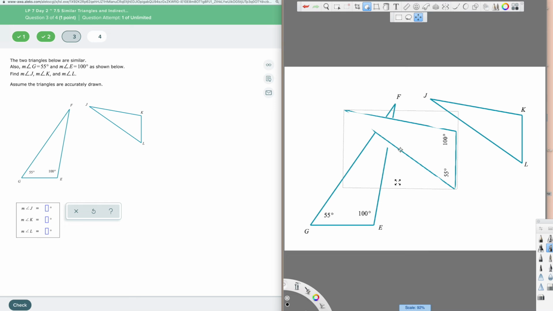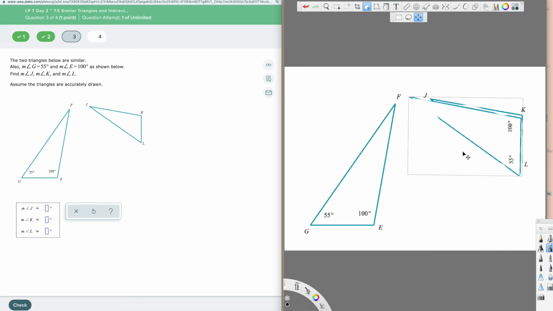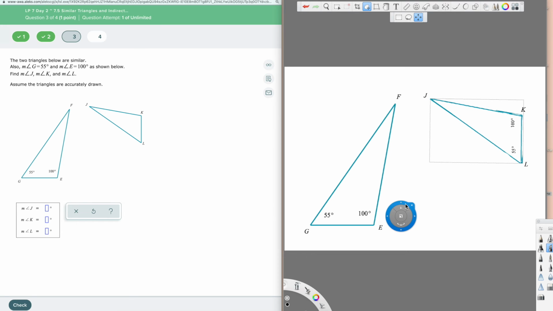I don't know why I was arguing. Okay. Guess it depends on which direction I do that. I still need a little bit more shrinking. There we go. So that's pretty darn close right there. Woo! Got it almost right on track there. So just by moving that over, I can see K is 100 and L is 55.